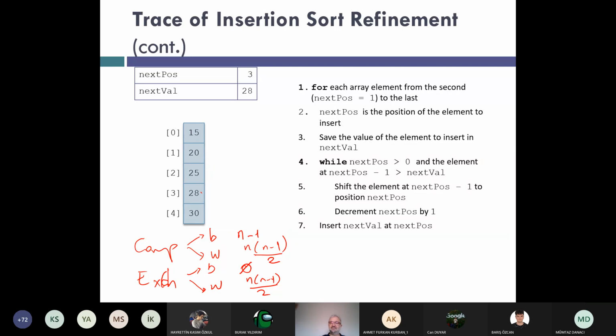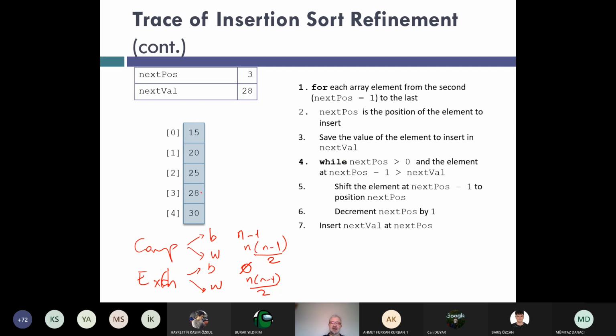So the number of times this condition is evaluated and the number of shift operations are the same. Usually the number of condition evaluations is one more than the number of times the inside of the while loop is executed, right? But in this case, they are the same, since the while loop terminates because of this first condition.